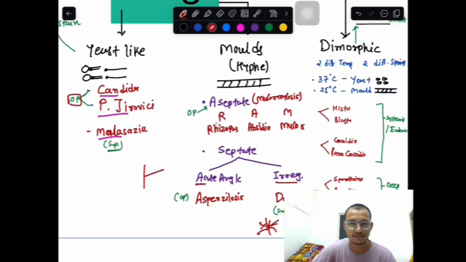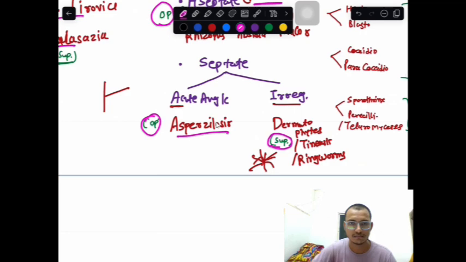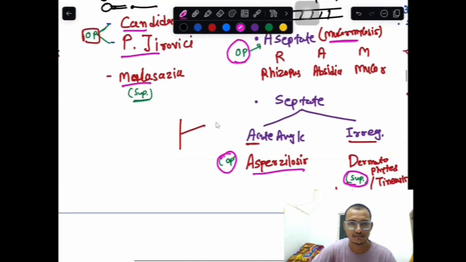The aseptate mucormycosis and aspergillosis are both opportunistic infections, that's why we wrote OP. Dermatophytes are superficial infection, and the other superficial infection is Malassezia.